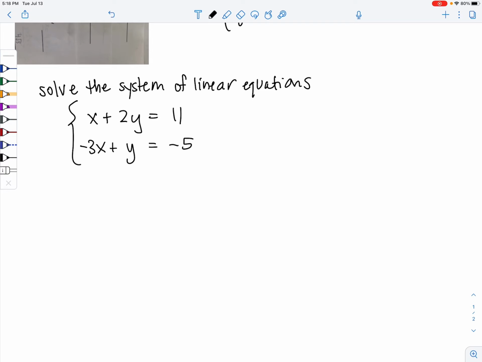Okay, so the idea here when we're solving a system of linear equations, maybe the first thing I should talk about is what does that even mean? And what we're doing is we're looking for all pairs of variables, so like x and y together, that satisfy both of these equations.